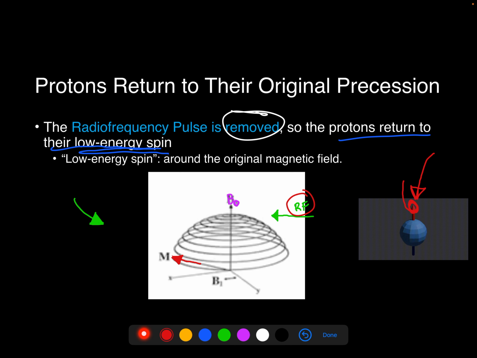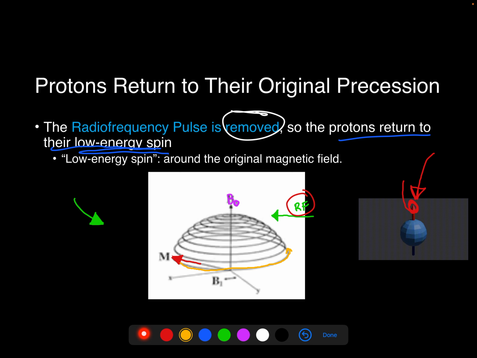And then the radio frequency pulse is removed. So what it does is it follows this overall cone-shaped pattern back to its original precession. I'll trace that using yellow here. So imagine the pencil was drawing and it drew this line as it returned to its original state.